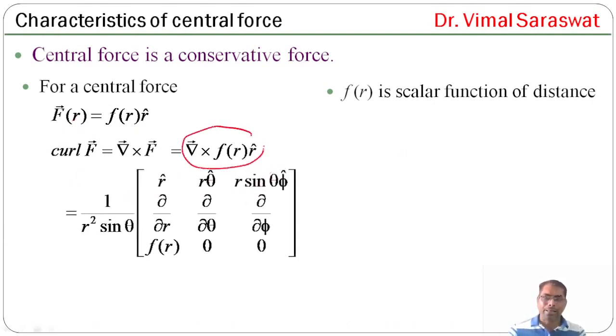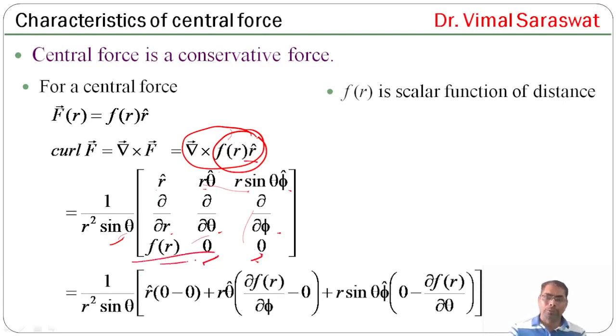If we write it in spherical polar coordinates, then this is 1 upon r square sin theta, with r cap, r theta cap, r sin theta phi cap, del by del r, del by del theta, del by del phi, and f of r, 0, 0, because here we have f of r into r cap, so these two components will be 0.